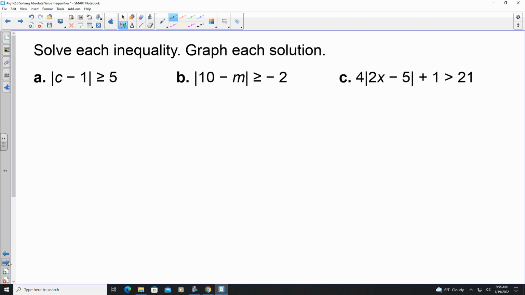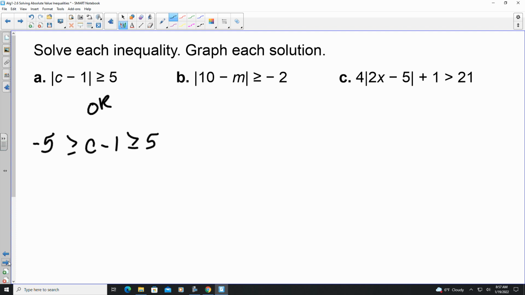So because the inequality is pointed towards the absolute value, we're going to treat this like an OR statement. So now I have C minus 1, and now it's going to be greater than or equal to 5, and it's going to be greater than or equal on the other side, and it's going to be negative 5 on the left. So I like to solve both and OR statements in condensed form.